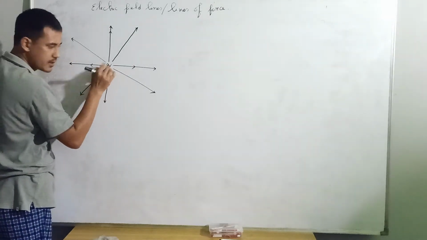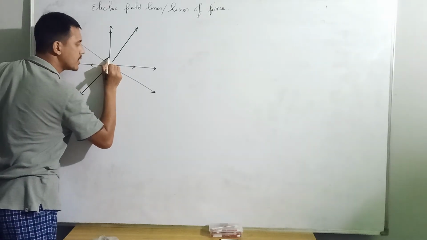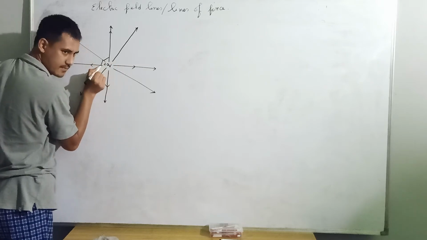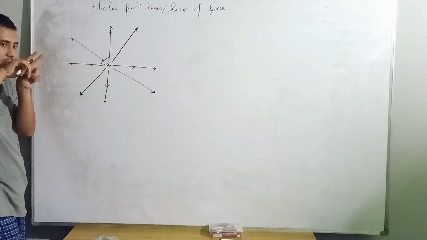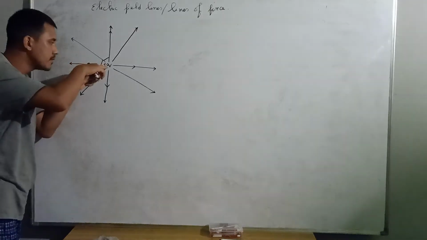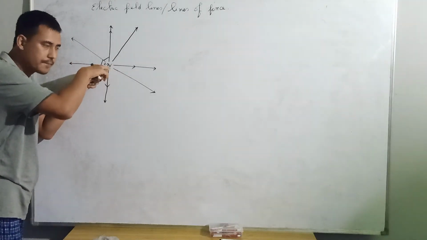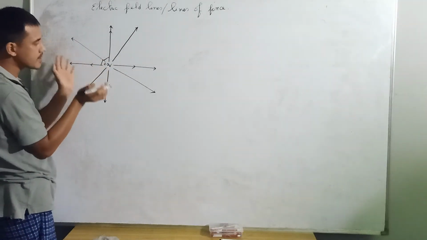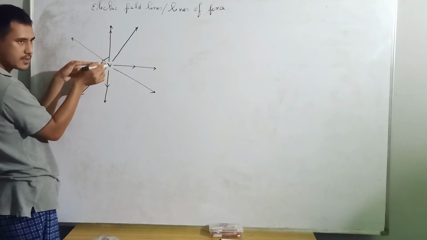See, closer to the charge, the distance between the lines are very less. The lines are very close to each other, nearer to this charge right now. When you see the lines closer to this charge, is it okay?